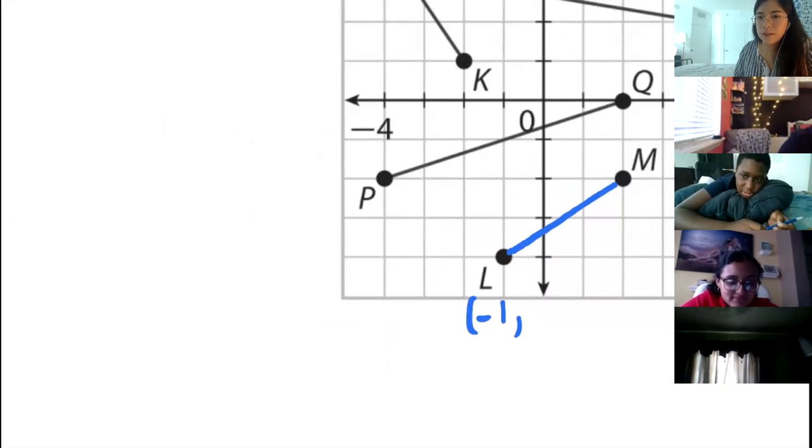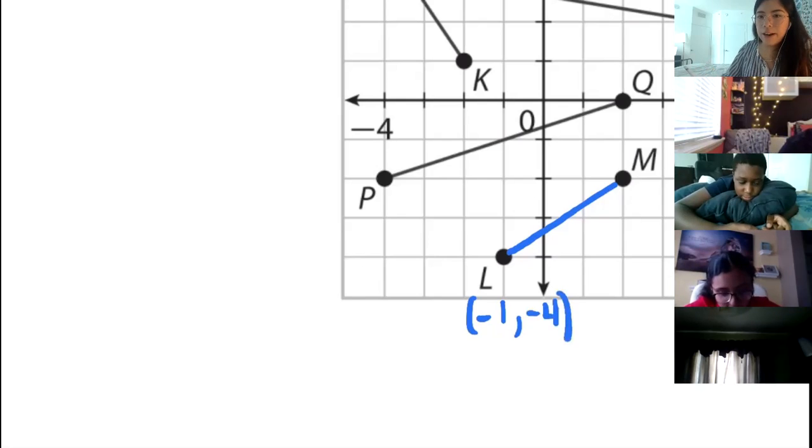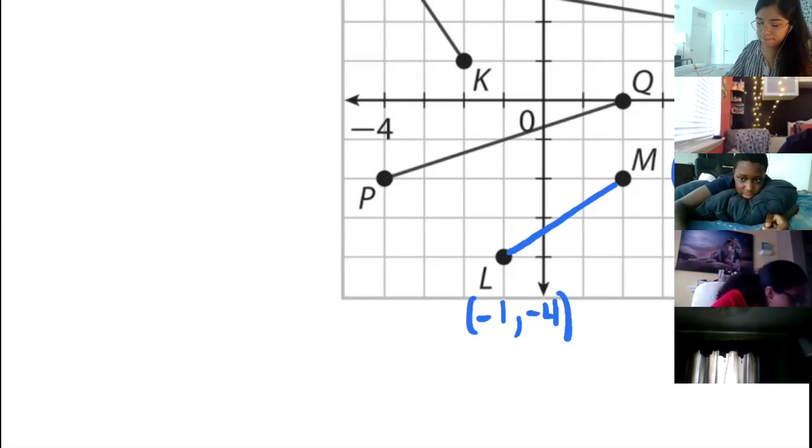Now count downwards. How far down does it go? 1, 2, 3, 4. So -4. And now give me the coordinate point for M. 2, comma, -2. Okay. Big brain.